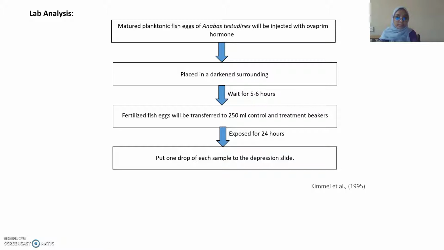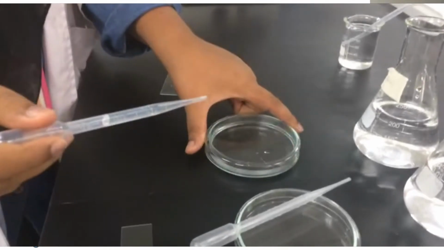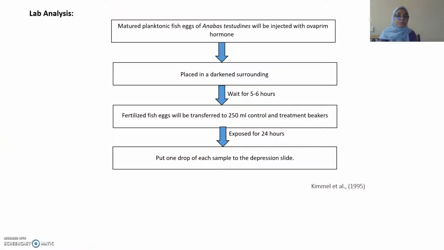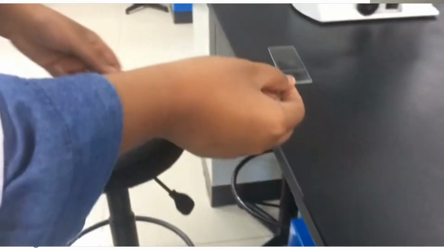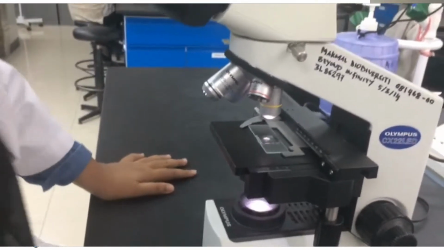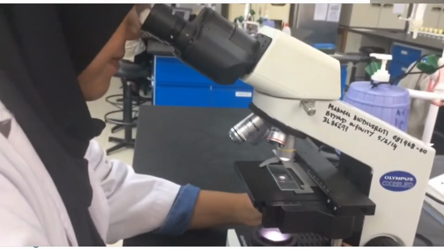We spread the eggs into 3 petri dishes: control, low concentration, and high concentration. Then we took 1 drop of each sample from the petri dish, put it onto a slide, and observed it under the microscope. After that, we analyzed and observed the changes between their stages until they hatch.